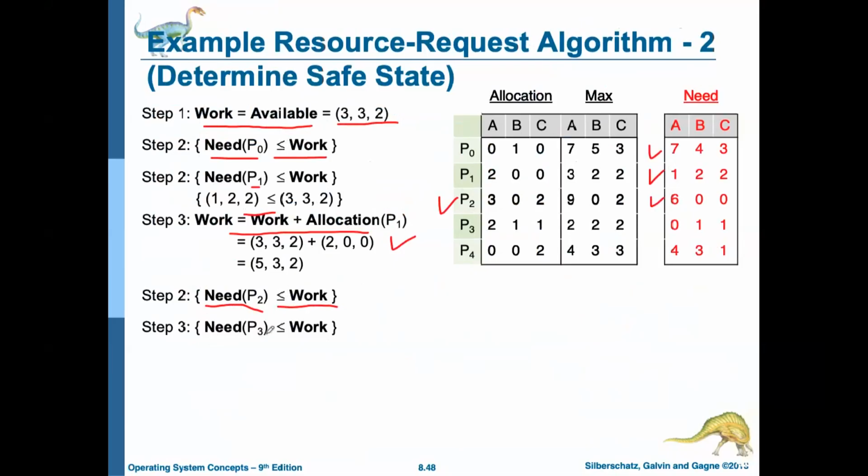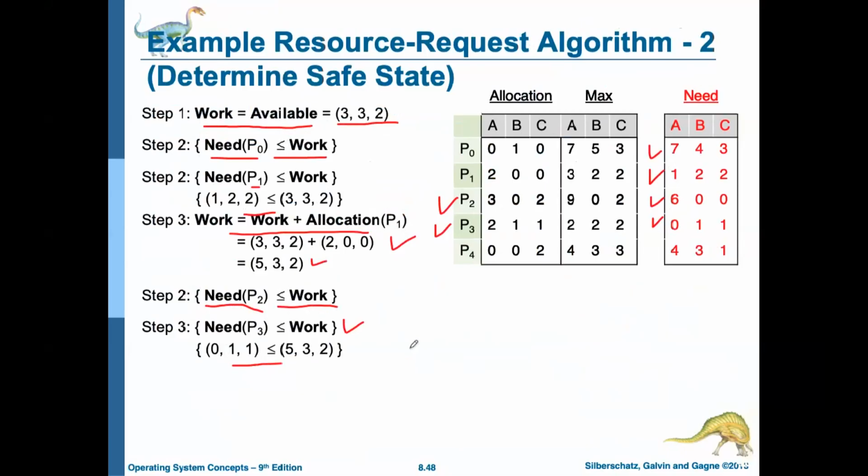Go to the next one, P3. We check P3's need against the work, 011. This is the current work. Is it less than or equal? Yes.